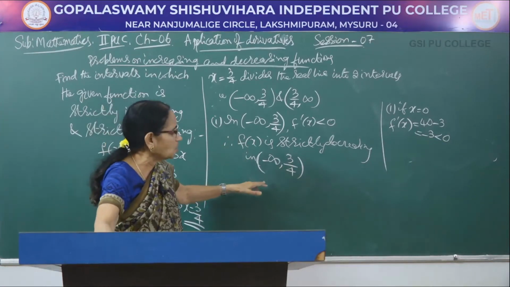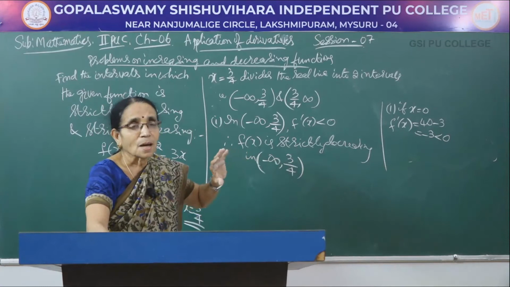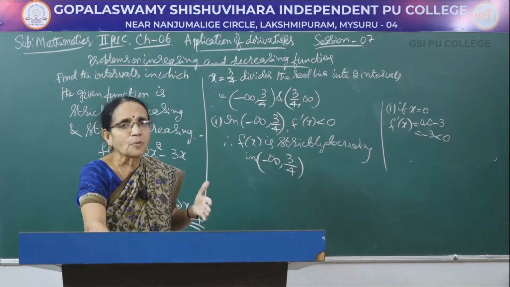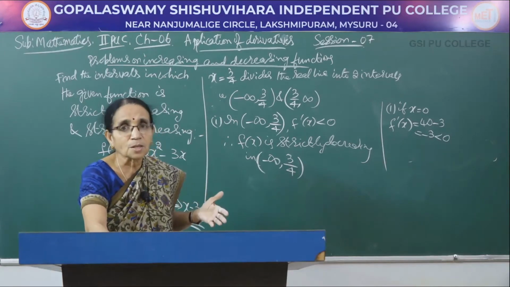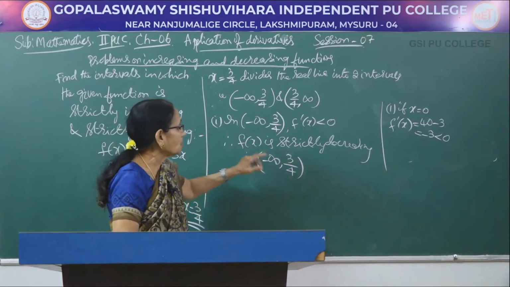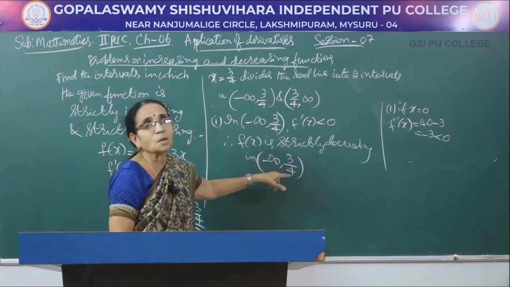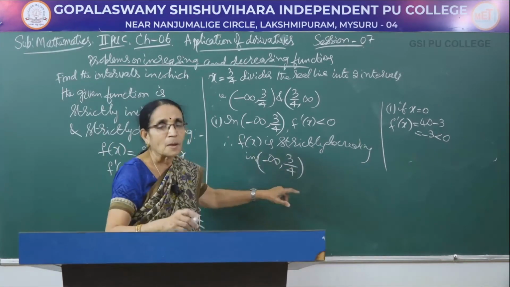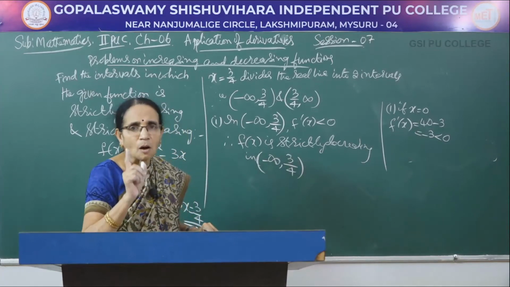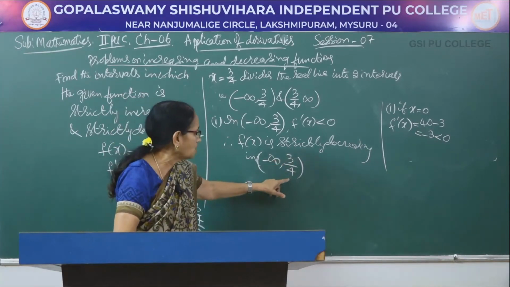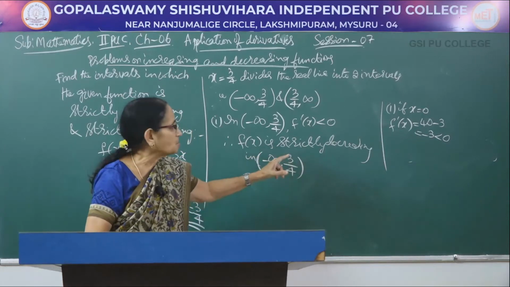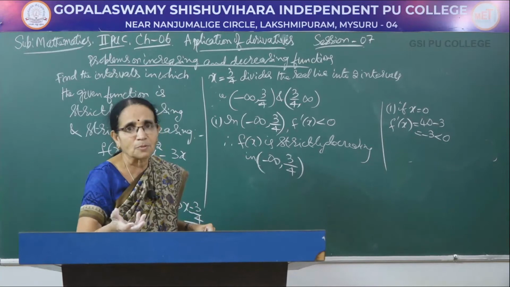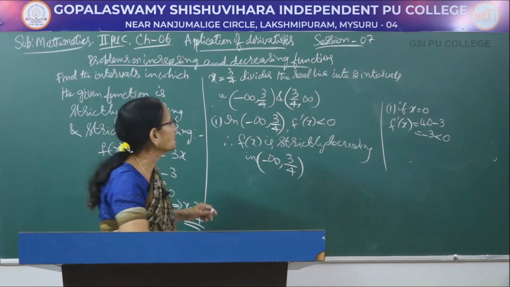Then the same method you follow, but you can write the answer in a different way. How do you write? For all x less than 3 by 4, strictly less than 3 by 4, because it is an open interval, the function f(x) is strictly decreasing, or for all x greater than 3 by 4, depending upon what result we get here.